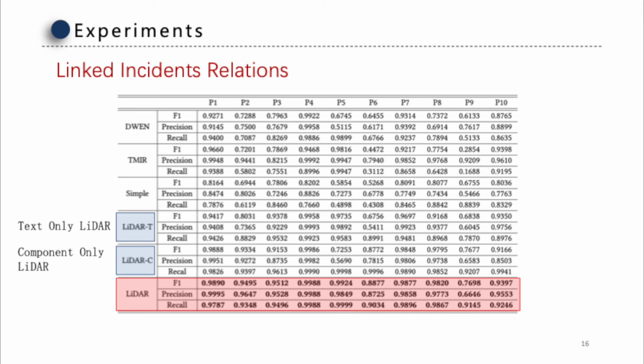We can find that DWEN may sometimes obtain higher precision, while DBTM obtains extremely low recall compared to others, while LiDAR can obtain both high precision and high recall scores. LiDAR-T and LiDAR-C can obtain significant performance improvements compared to others already. LiDAR can merge them together and obtain better performance.